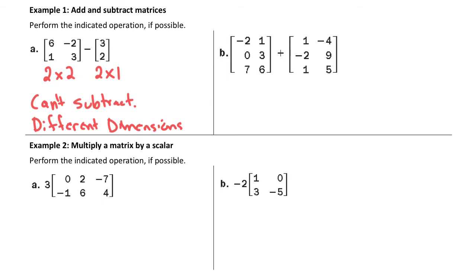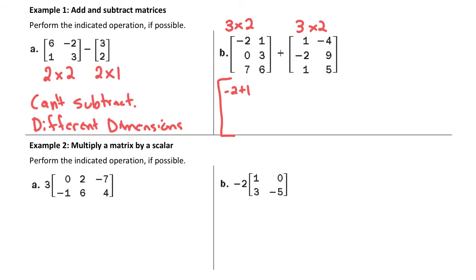In part B, now these matrices, they are both 3 by 2 matrices. So it is possible to add them, okay? So I'm going to write this kind of showing my work, and then I'm going to show the final sum, okay? So I would add -2 and +1.